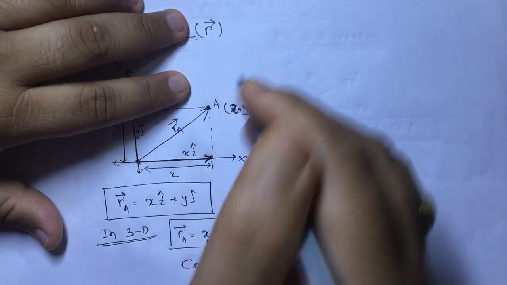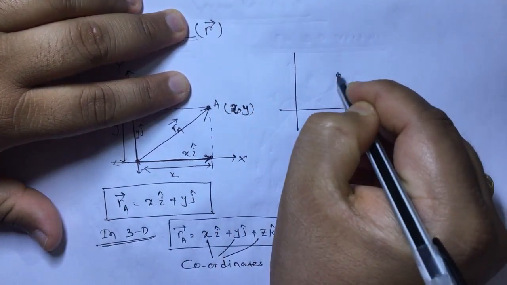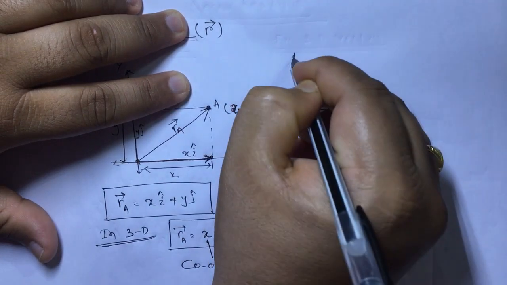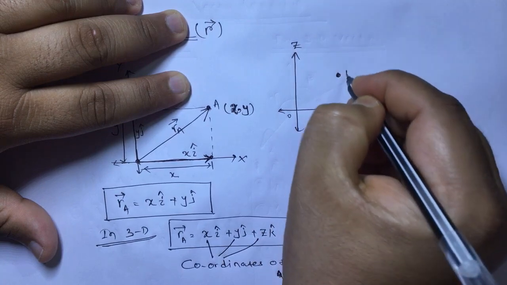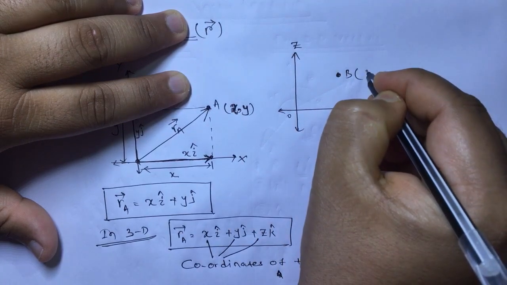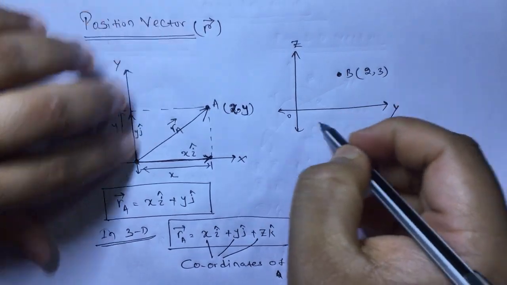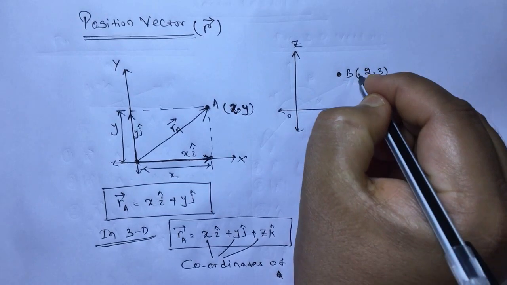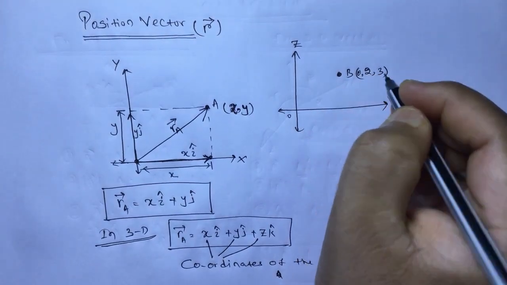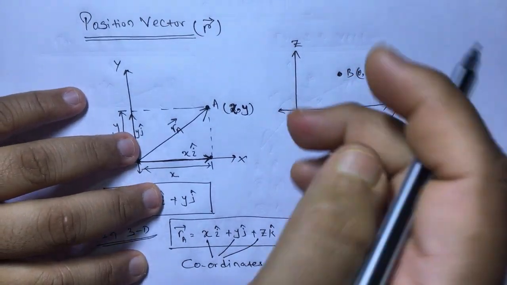Or for example, let this be your y axis and this be the z axis, and this point B has coordinates 2 comma 3, meaning 2 along y and 3 along z. You can also write it as 0 comma 2 comma 3, because there is no x component here.